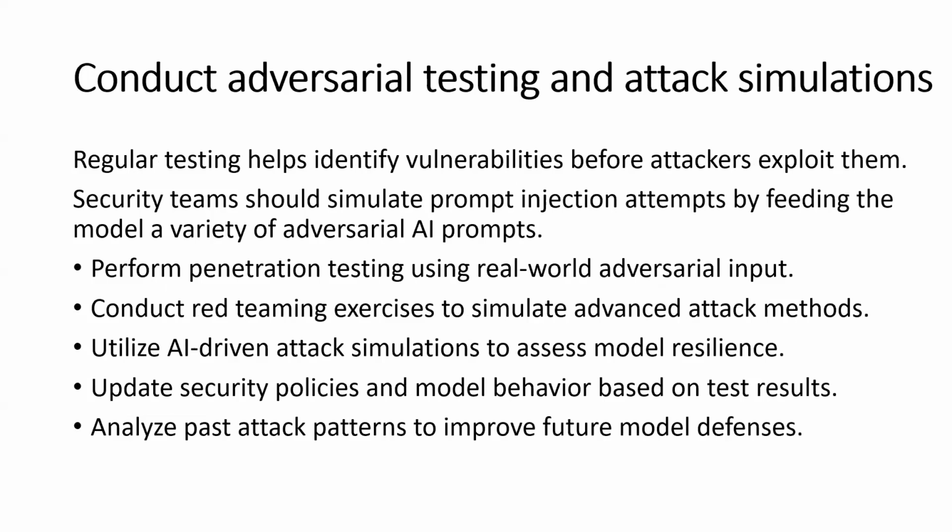Then next is conduct adversarial testing and attack simulations. See, adversarial machine learning is upcoming topic, right? So what happens in adversarial machine learning is whenever we perform these injection attacks, we are poisoning the data, and our machine learning model will be trained on the poisoned data. So in that case, output will be a poisoned output, right?